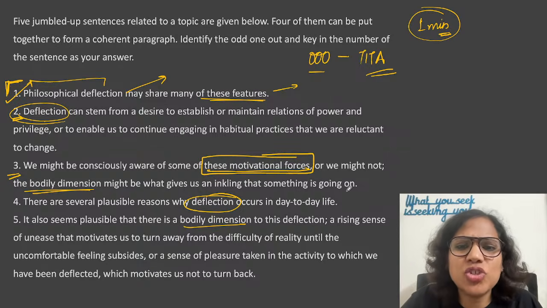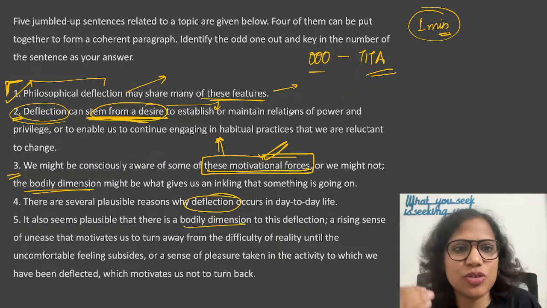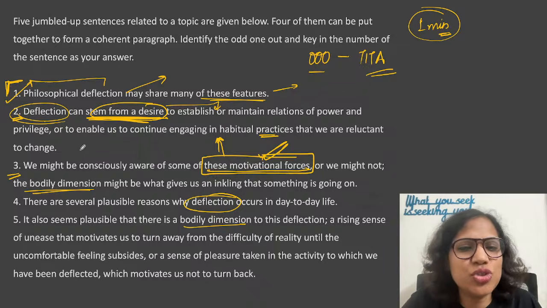So which motivational forces am I talking about? When I say deflection can stem from a desire to establish, so this is the motivation. My motivation is to establish or maintain relations of power and privilege, or to enable us to continue engaging in habitual practices that we are reluctant to change.